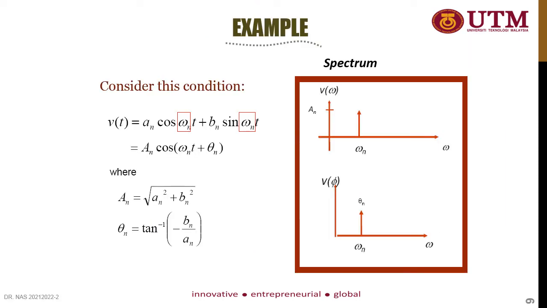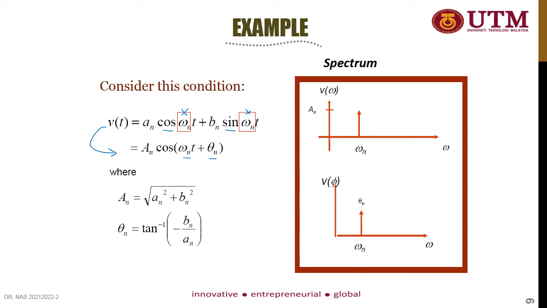Okay, let's look at another condition, when you have both a cos function and a sine function that share the same frequency, omega naught or omega n. In this case, you need to rewrite the equation into an equivalent equation given by cn cos(omega n t plus theta n).